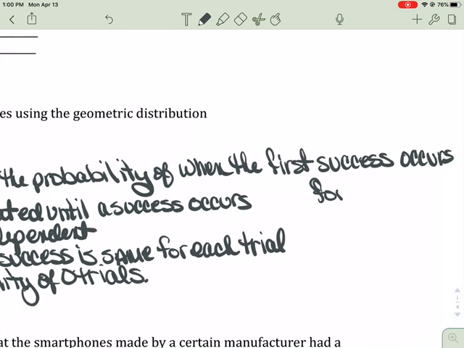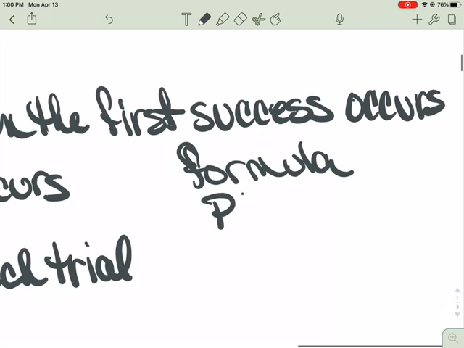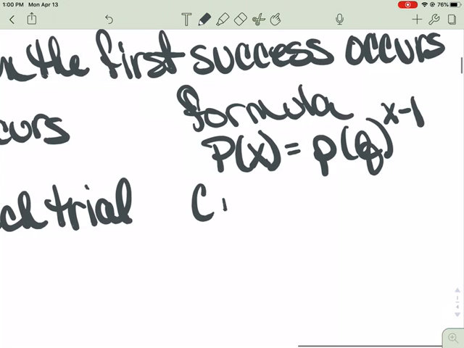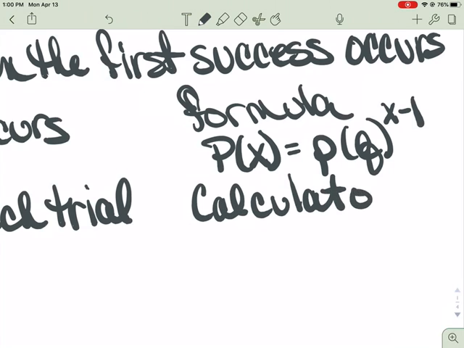So you can use a formula. That formula, the probability of our success, is success times failure to the trial minus 1. You can use your calculator. So we're going to go to 2nd VARS.